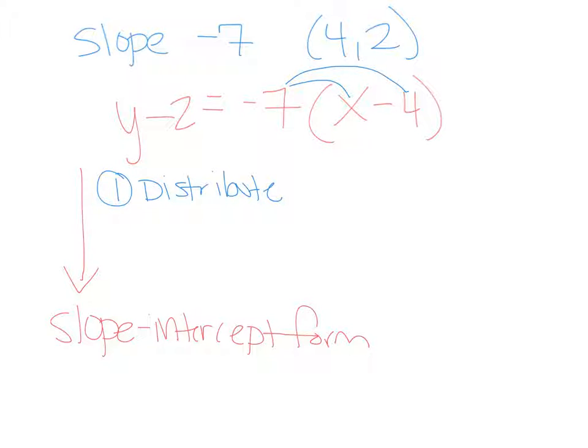So we're going to keep the beginning, which was y minus 2 equals -7 times x is -7x. Distributing the -7 to the -4, -7 times -4 is positive 28. And then there's only one more step because y is not isolated yet, so step 2, isolate y.